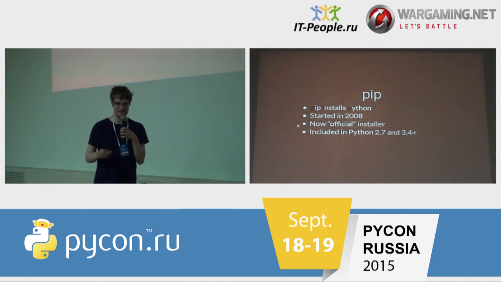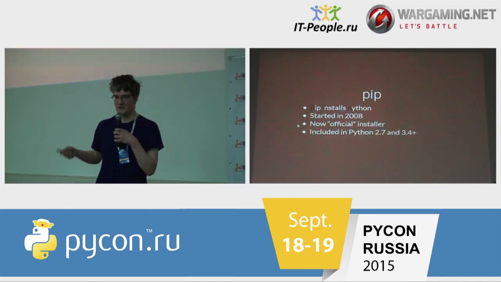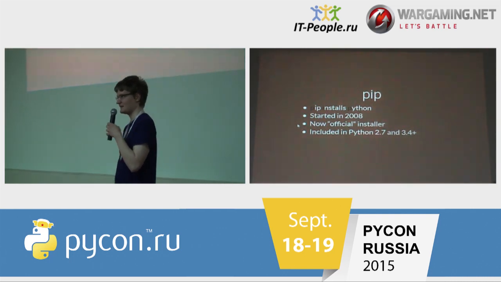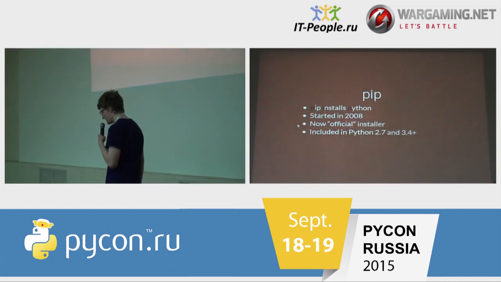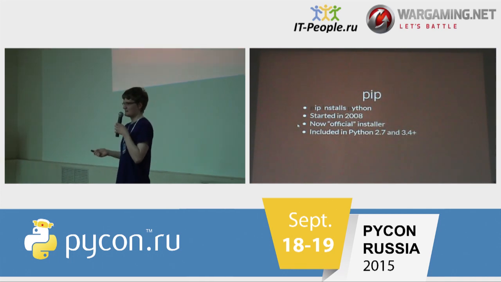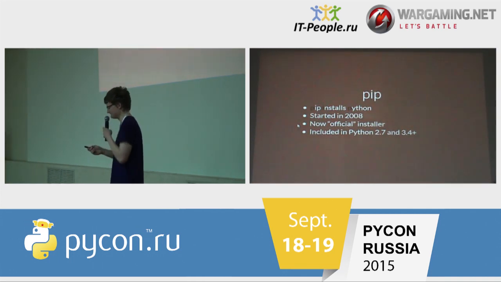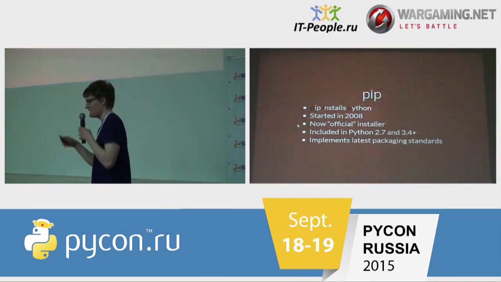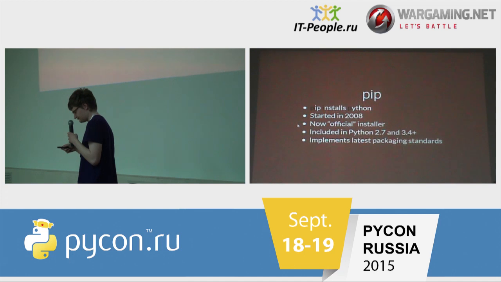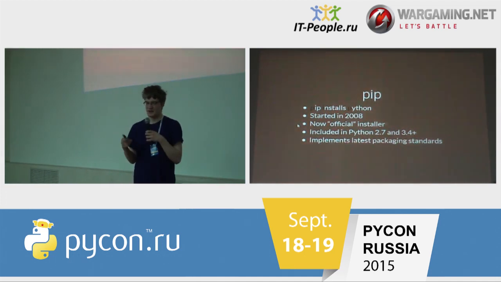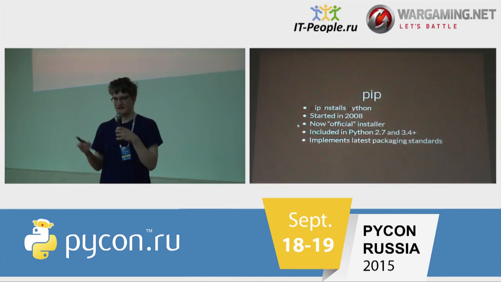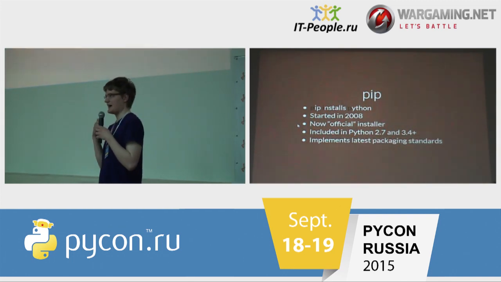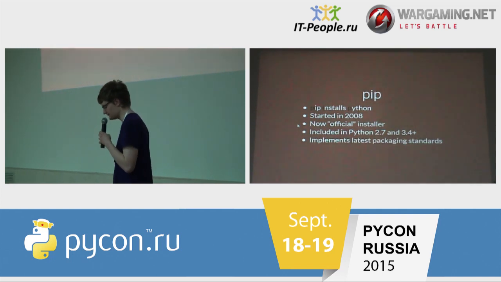And so that means that everybody who has one of the more modern versions of Python also has pip, which means that they can easily install Python libraries, unless they're on Debian, in which case this has been broken. Okay. And so since pip is under the umbrella of the Python Packaging Authority, it is the package manager which is the canonical implementation of many of the new packaging standards.